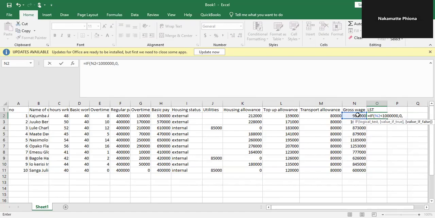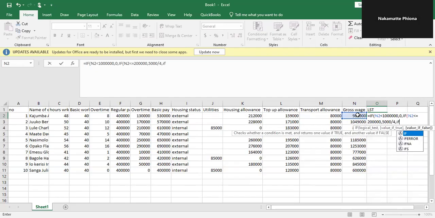If gross wage less or equal to 200,000, comma 5,000 over 4. If gross wage less or equal to 300,000, comma 10,000 over 4.